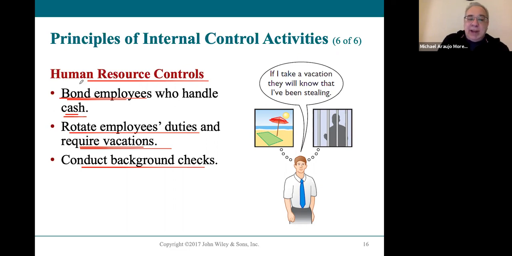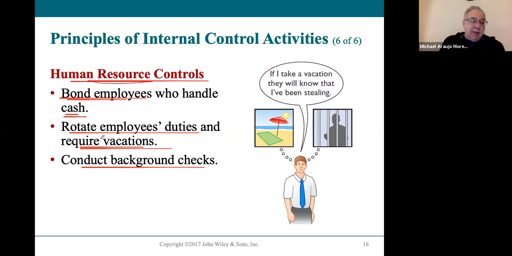And just to go back to New York, where you have these folks that put in for all this overtime, I think it was down at the MTA or something like this. They put in for a ton of overtime when they weren't even working those hours, and it was that human resource control, their time cards and that audit, that got them caught stealing time from the state.